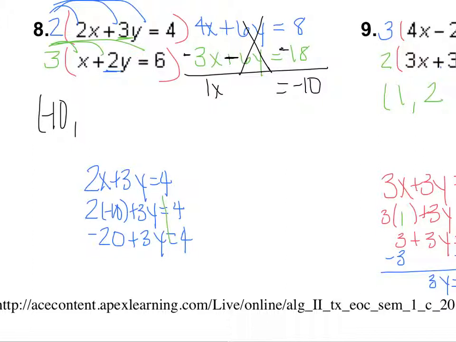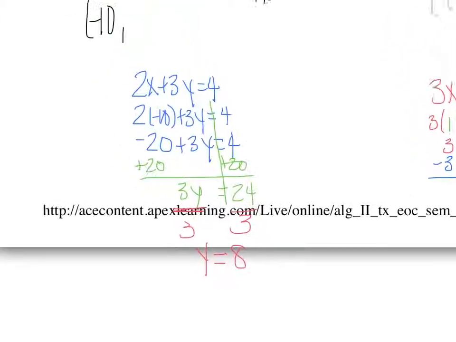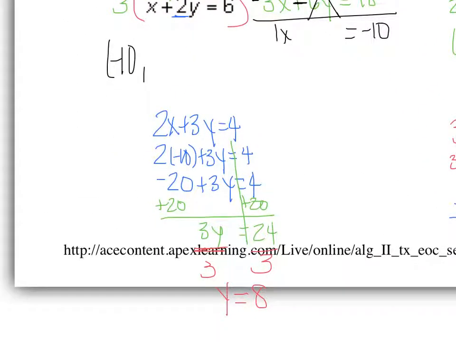So I'm solving, which means I need y by itself, so I'm going to add 20 to both sides. So I get 3y equals 24. And then I need to finish getting y alone, so I need to divide both sides by 3. And I end up with y equals 8. So that would be the second half of my answer. So my solution to this system is the ordered pair negative 10, 8.